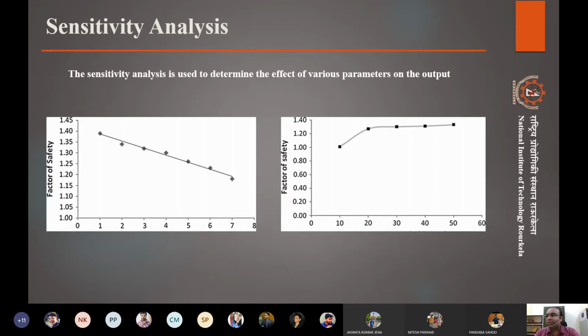Basically, sensitivity analysis is used to determine the effect of any input parameter over an output parameter. So for instance, let's say a rock is there, right? A rock is made of many chemicals.